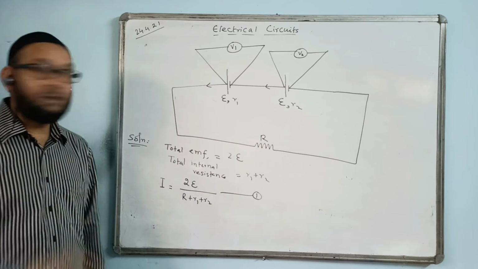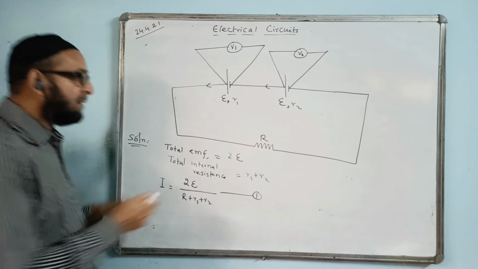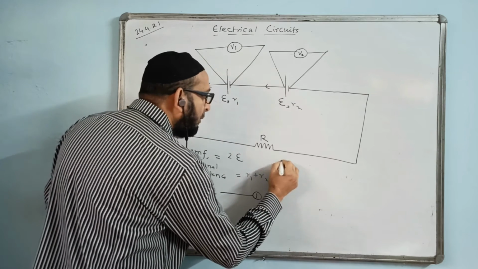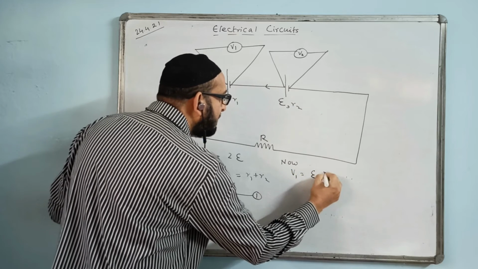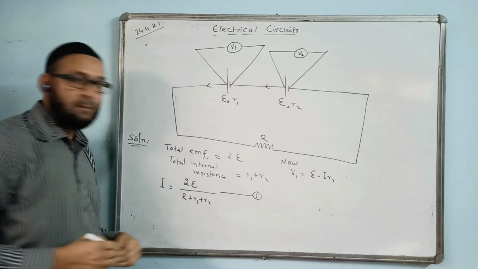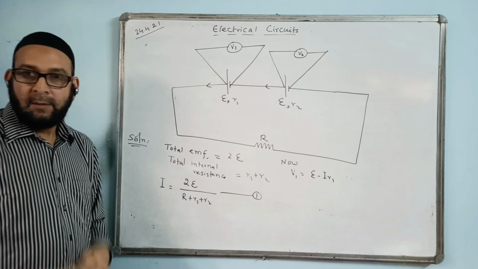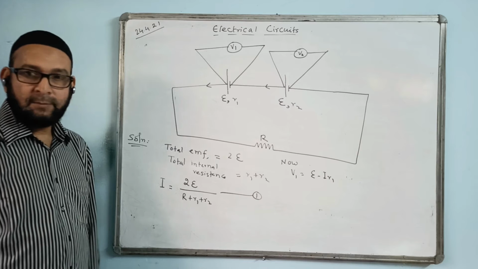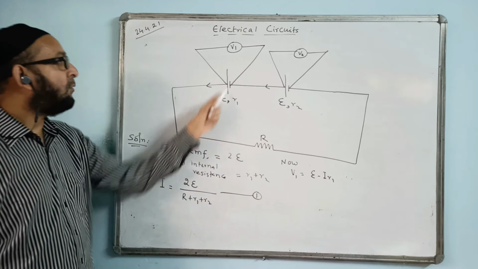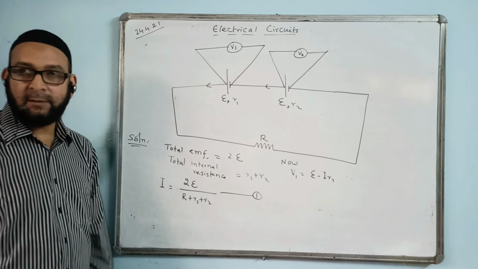Now V1 reads 0, so let us work on V1. V1 is equal to E minus I R1, the terminal voltage across the first cell.